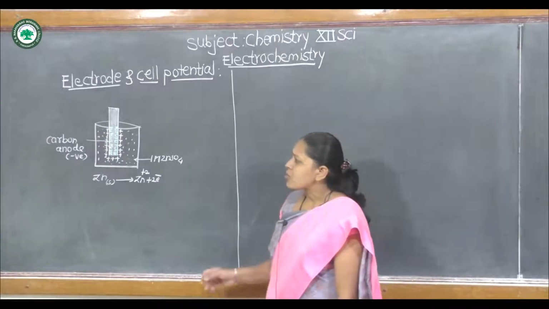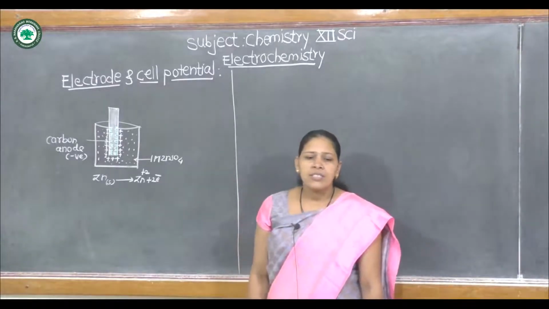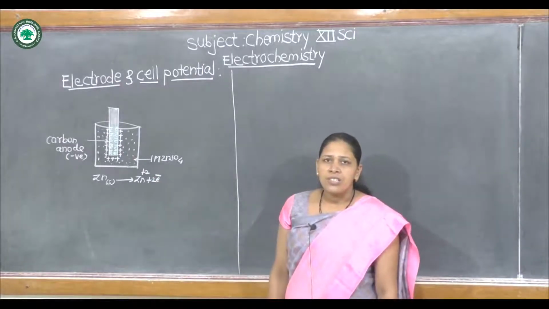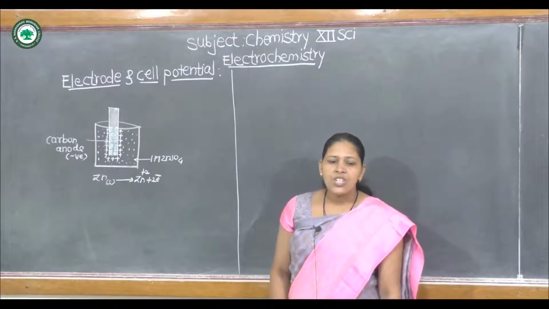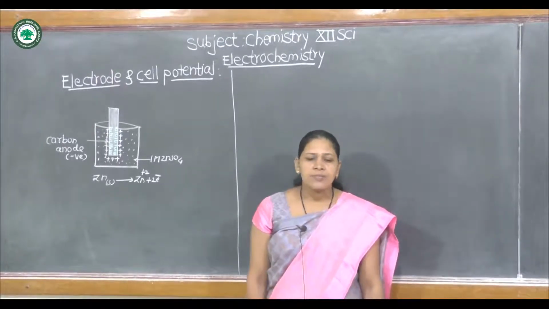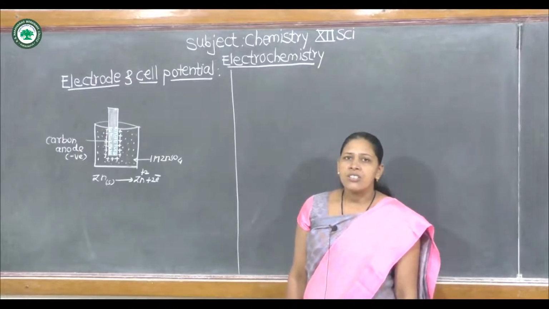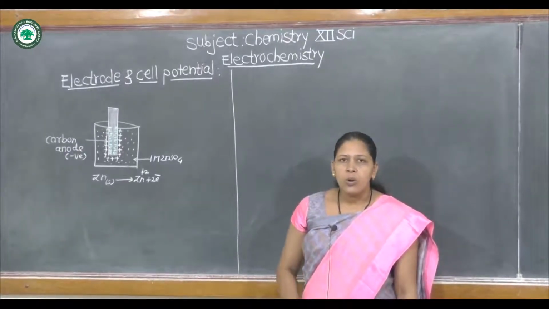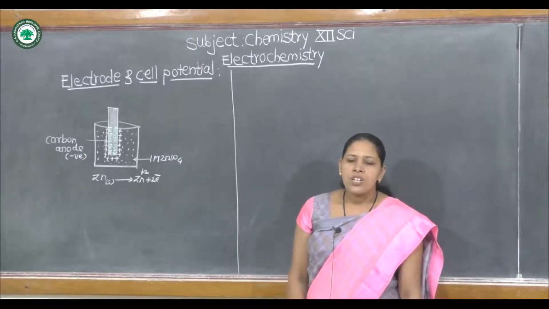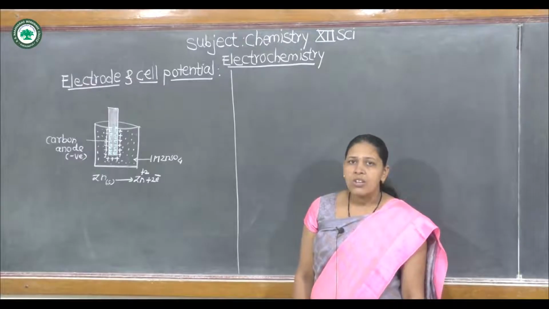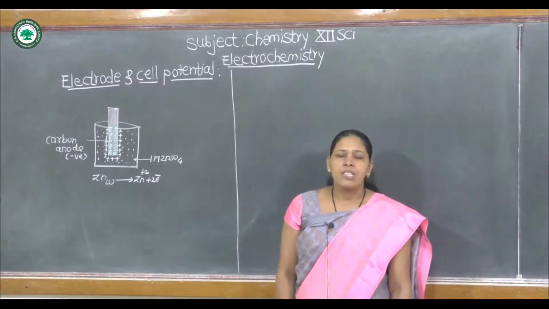The potential associated with an oxidation reaction is called oxidation potential. The potential associated with a reduction reaction gives reduction potential, and the overall cell potential is called electromotive force, or also cell potential.